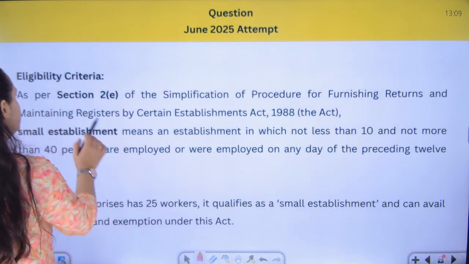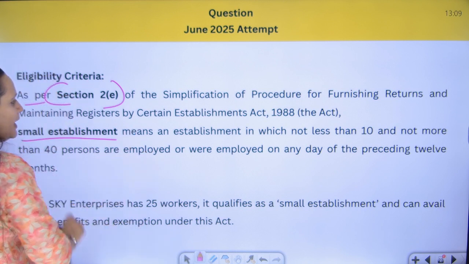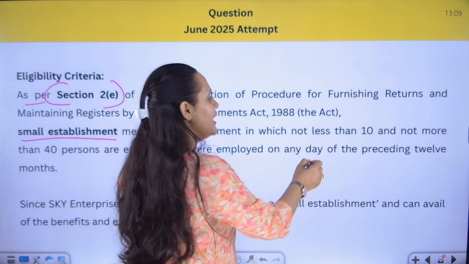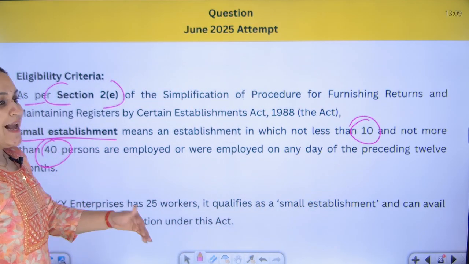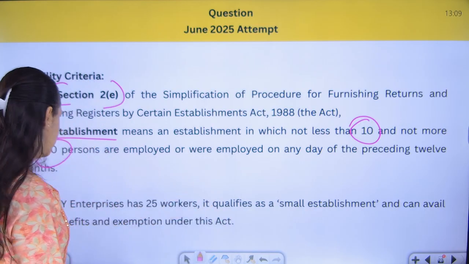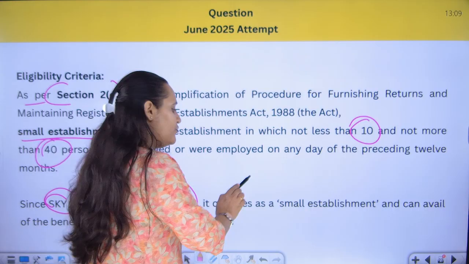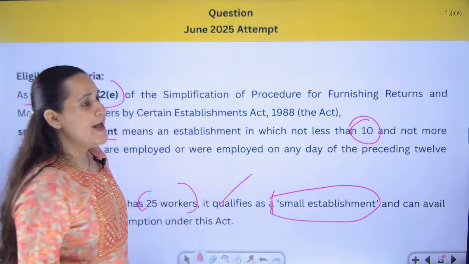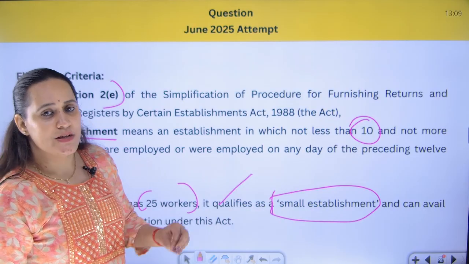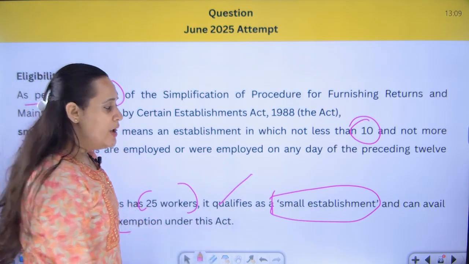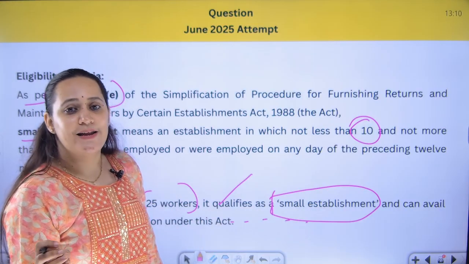Let's see the guideline answers. As per section 2 subsection E of this particular enactment, small establishment is an establishment in which there are not less than 10 but not more than 40 workmen employed in any day in the previous 12 months. And since Sky Enterprises has only 25 workers, it is qualified as a small establishment and they can avail the exemption and benefits provided under this act with respect to, they've just said in this act, but you can continue writing with respect to filing of annual returns and maintenance of register.